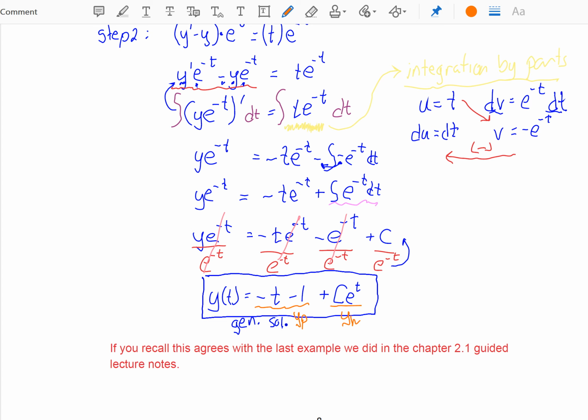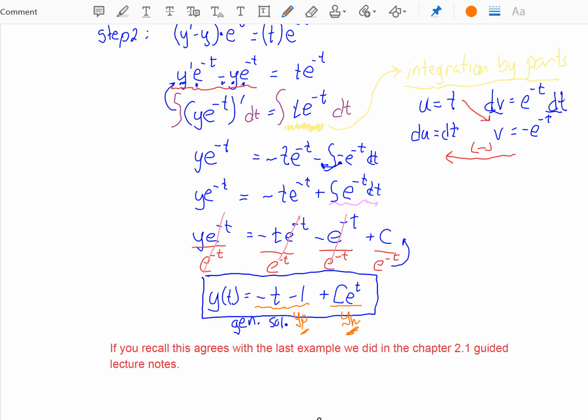Our homework will not ask you to look at your general solution and identify which part is the homogeneous part and which part is the particular part. But I'm going to be going through this in lecture because I think this is important to recognize. So make sure that you're looking for these as you do them in your homework.